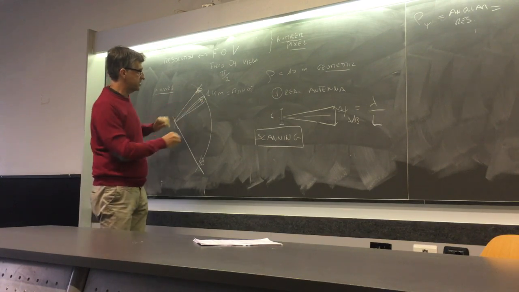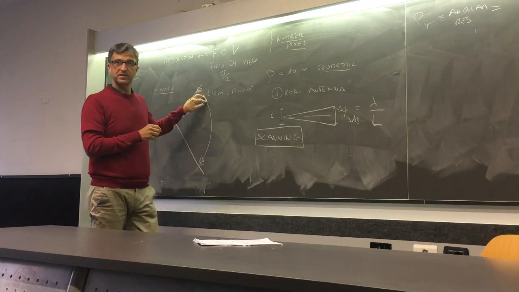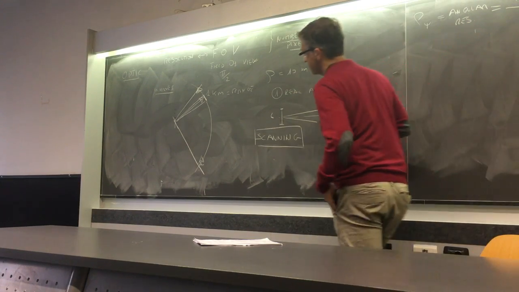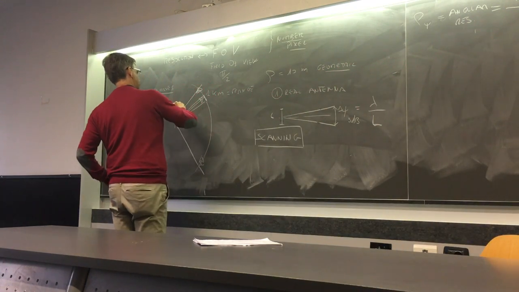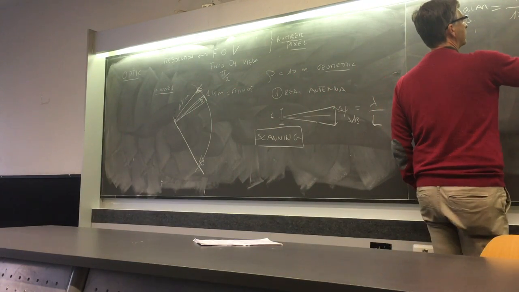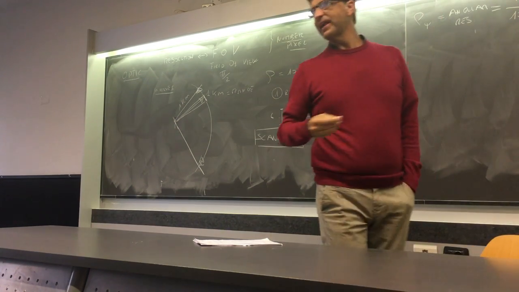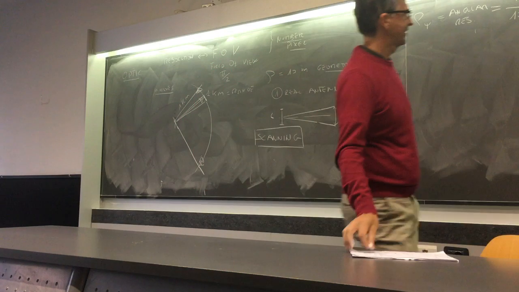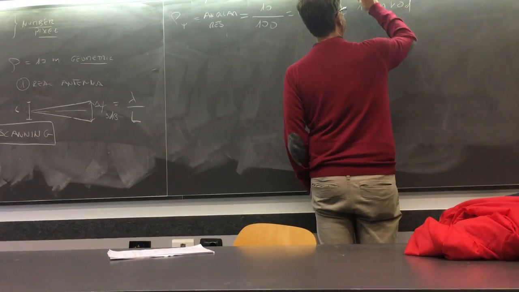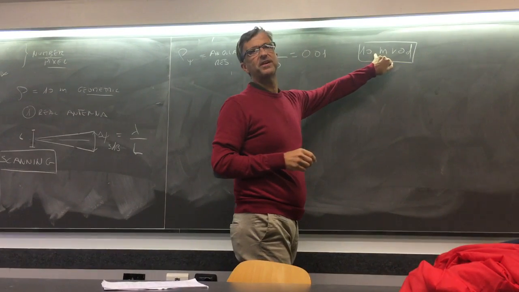If this is a circle, it is exactly the piece of the arc, that is 10 meters, divided by the distance, that is 1 kilometer. This is 0.01, that is 10 milliradians. 10 milliradians means that at 1 kilometer you get 10 meters.